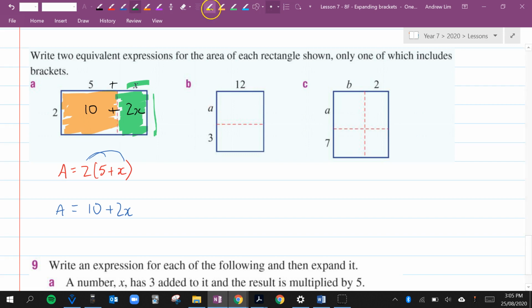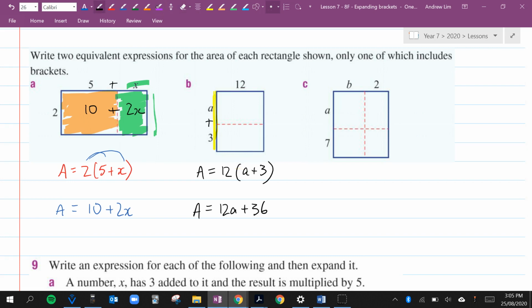Okay, so here we've got this length here is technically a plus 3. So the area of the huge rectangle is 12 lots of a plus 3. If we were to expand that, it'll be 12a plus 36. 12 times a is 12a, 12 times 3 is 36.